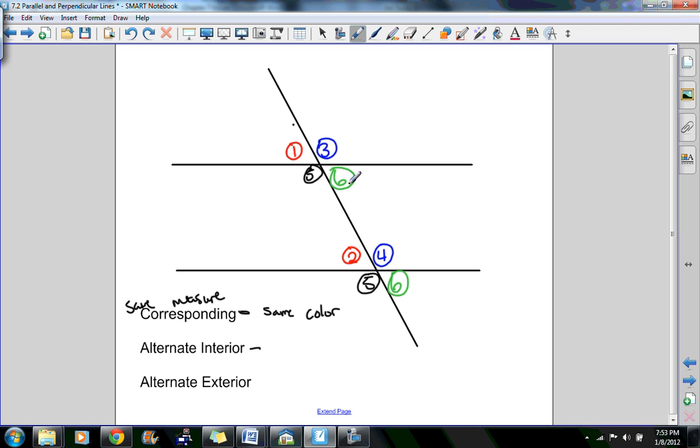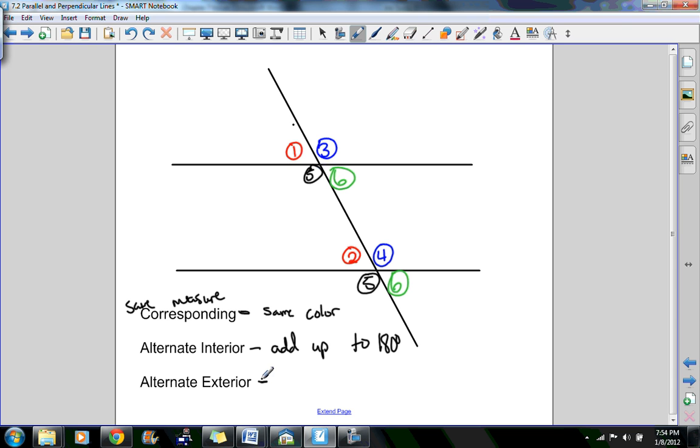So 2 and 6 are going to be alternate interiors, and these are going to add up to, make sure I get this right, I think they add up to 180, almost positive. Yes. Okay, so they add up to 180 degrees. So we know that angle 2 and angle 6 add up to 180, 5 and 4 add up to 180.